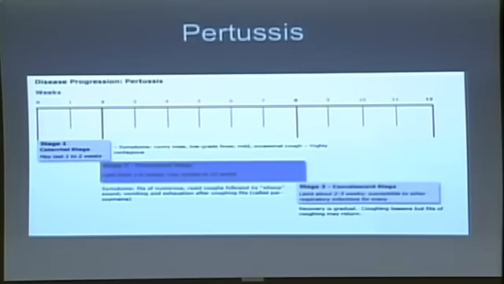The catarrhal phase, the runny nose, snotty nose phase, is usually 1 to 2 weeks, like a common cold. So you think you've got a cold. A cold normally goes away within about 10 days.